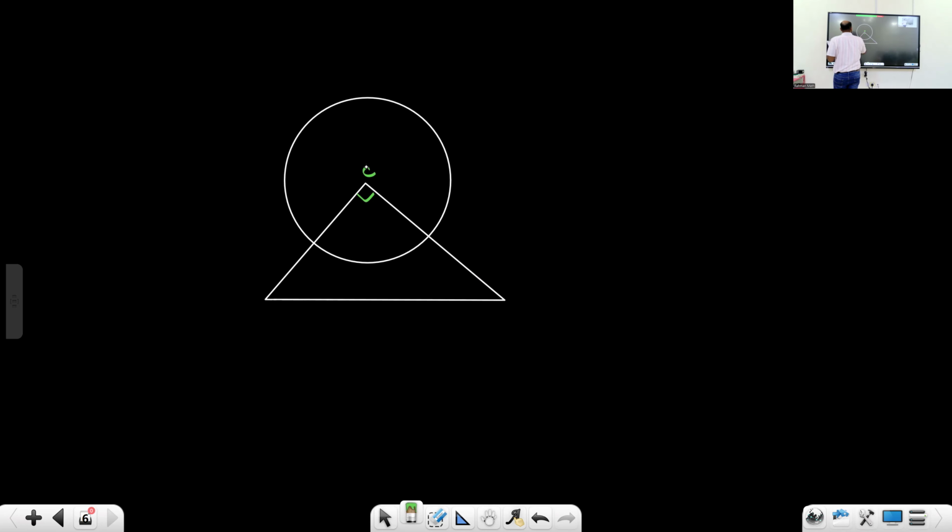O A B D C. Here 3 centimeter. Here 7 centimeter. Here 3 centimeter and this region is shaded.